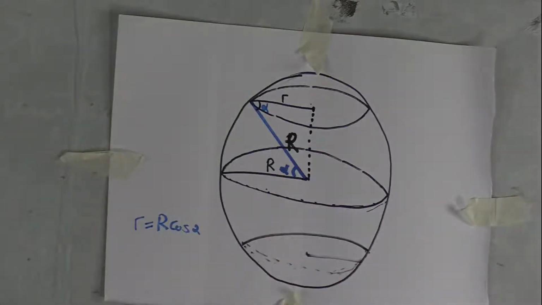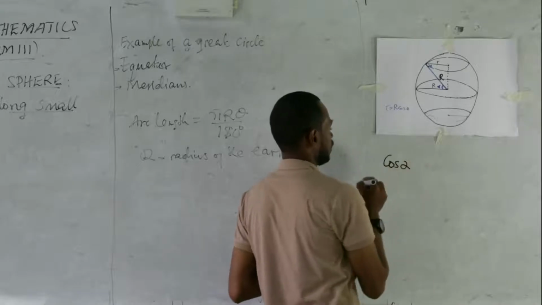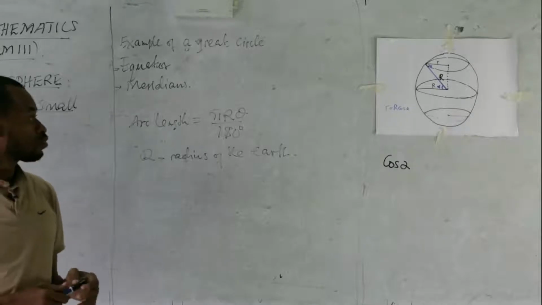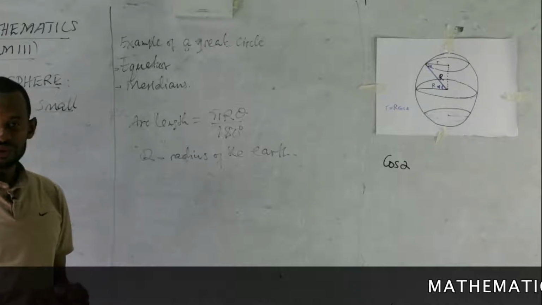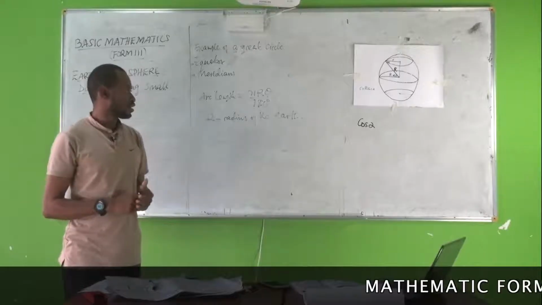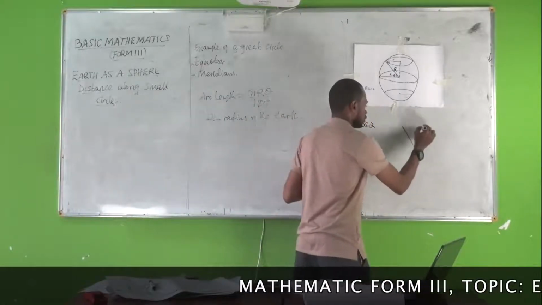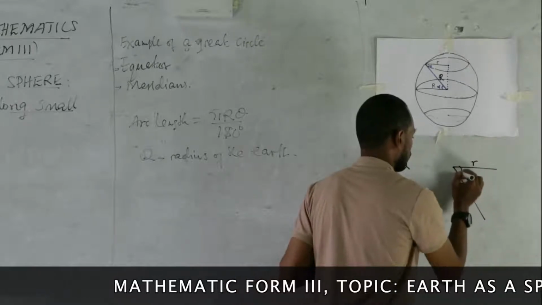If we make a right-angled triangle over there and find cos of alpha, if you remember trigonometric ratios, what could be the value of cos alpha from the figure? We have this small r, this big R, and this is alpha.